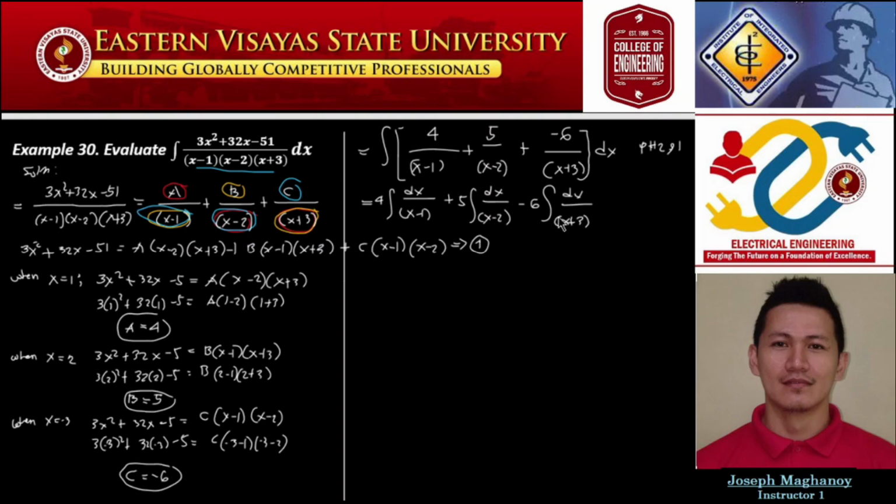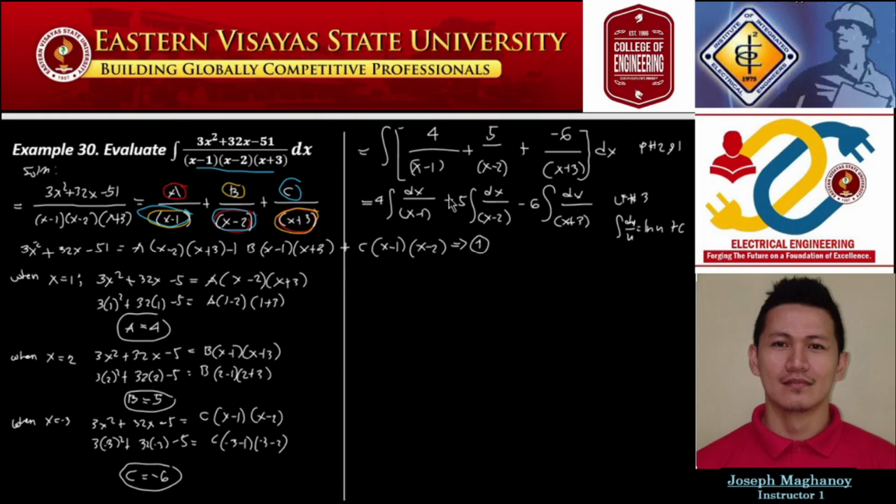Okay, so what is our next step? We apply our logarithmic formula, logarithmic formula number 3. What is our logarithmic formula? The integral of du over u is equal to ln u plus c.